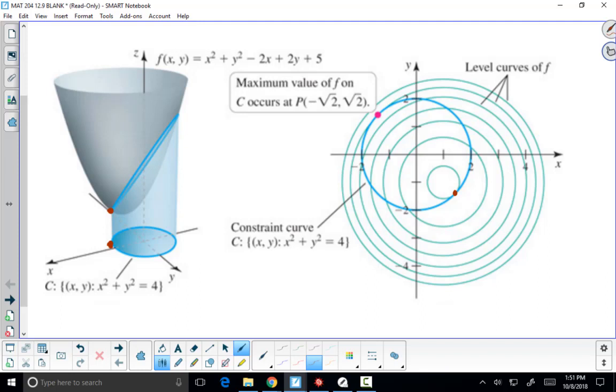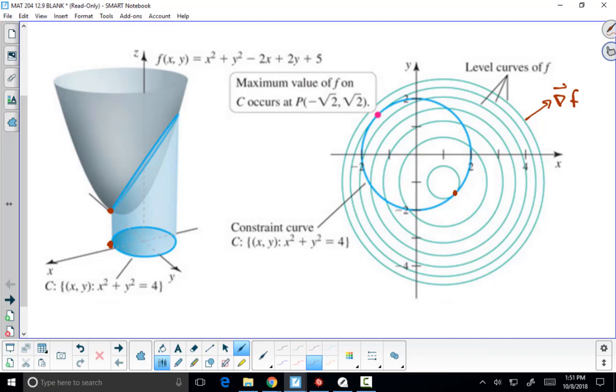And so what that means is that the gradient of our function, the gradient of our surface, is going to be perpendicular to its level curves. So the gradient is going to be perpendicular to all the green stuff. So del F is going to be perpendicular to every level curve.